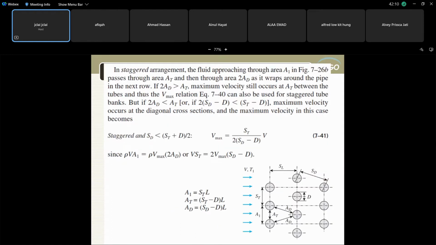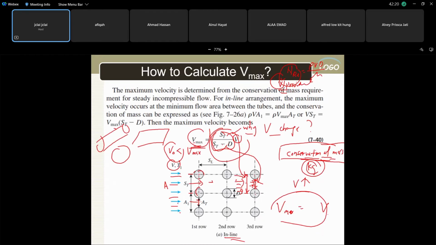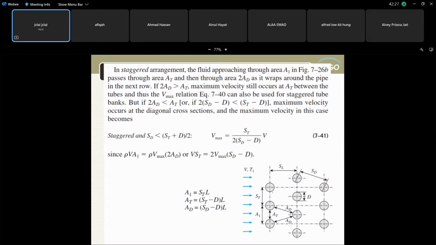For staggered, it's a little bit more complex. Why? Because for inline, you see, the areas are all the same, right? But for staggered, it's a little bit different. First, it passes by here, right?